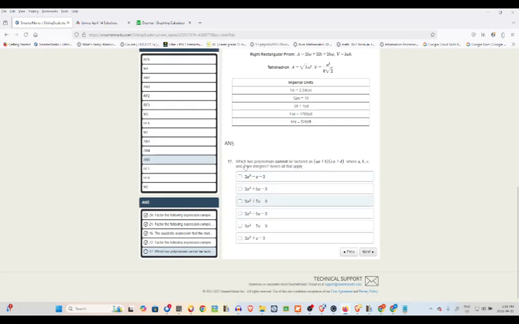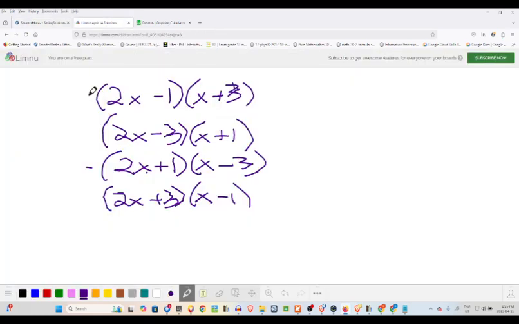So both 5's work. So we found this one has a 5x cross term, and this one has a negative 5x cross term. 2 minus 3 gives us a negative 1x. 3 minus 2 gives us a positive 1x.